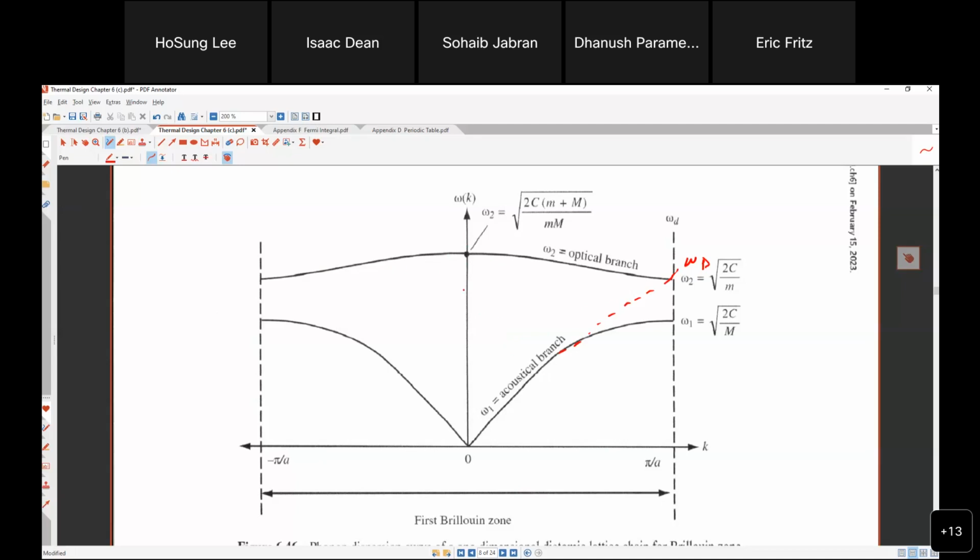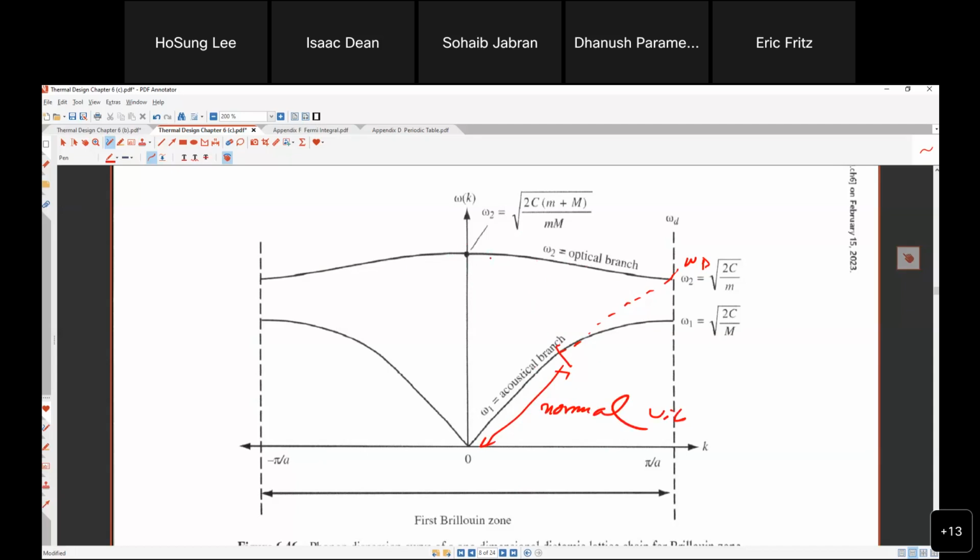This is so chaotic vibration, not normal. We call normal vibration here. This is normal vibration. This is not optical.